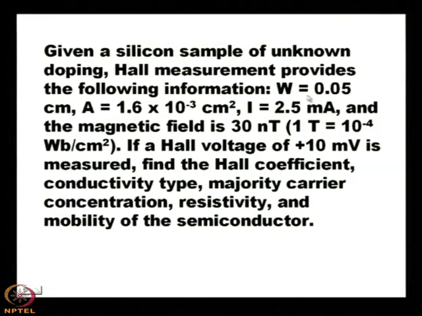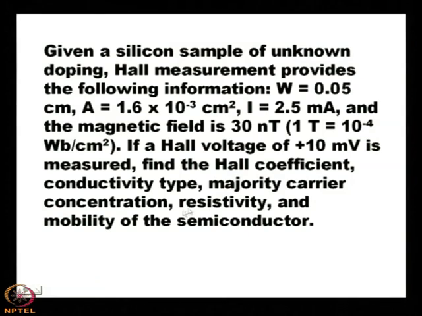You just write down the data: W equals 0.05 centimeter, the area A equals 1.6 into 10 to the power minus 3 centimeter square, the current I is 2.5 milliampere, and the magnetic field is 30 nano Tesla, and 1 Tesla is 10 to the power minus 4 Weber per centimeter square. If a Hall voltage of plus 10 millivolt is measured, find the Hall coefficient, conductivity type, majority carrier concentration, resistivity and mobility of the semiconductor.